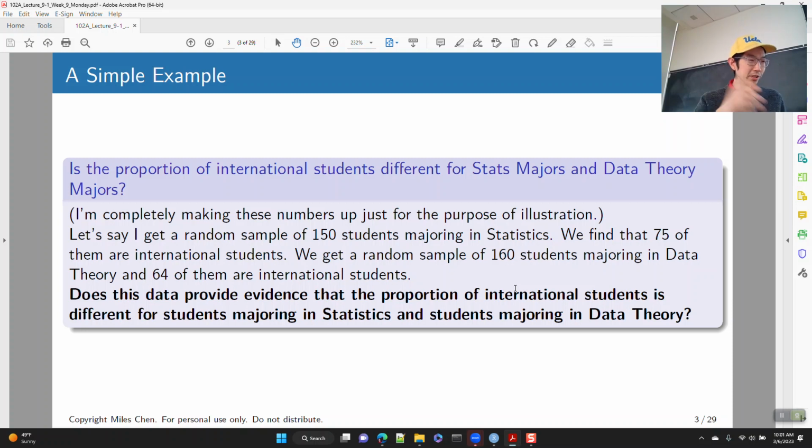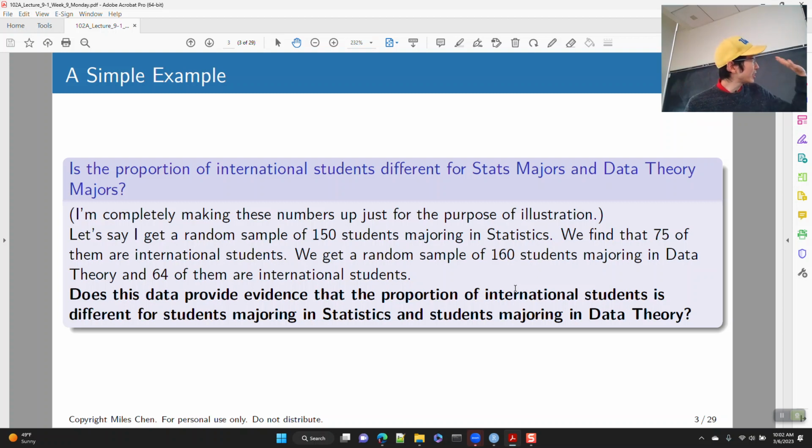All right, so this is just a simple example. I completely made up these numbers. I don't know what the true numbers are, because whether a student is an international student or not is not information I get.